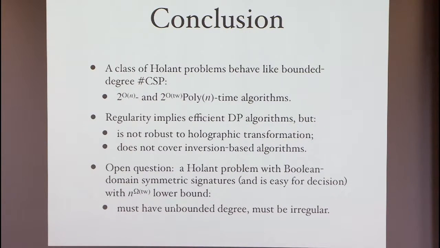So far, there's no such lower bound. So far, the fine-grained lower bound is only 2 to the treewidth at most for problems which are easy for decision. By our discovery, such a problem must have unbounded degree signature and must be irregular. So Eulerian orientation is a nice candidate. So yeah, that's it. Thank you.